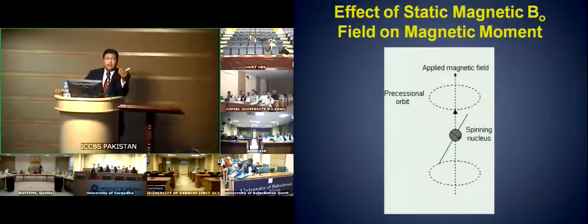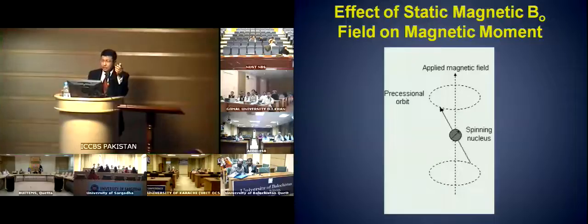Please do not forget that the difference between the two energy levels of a spin half nucleus is directly proportional to B naught also, right? These facts have lots of meaning, which we will explain later.